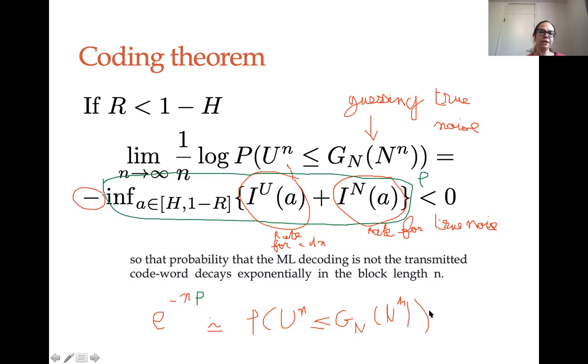So this is by definition our probability of error.